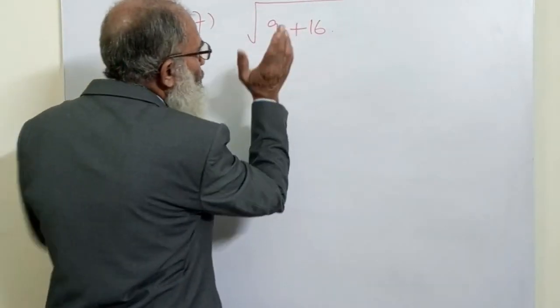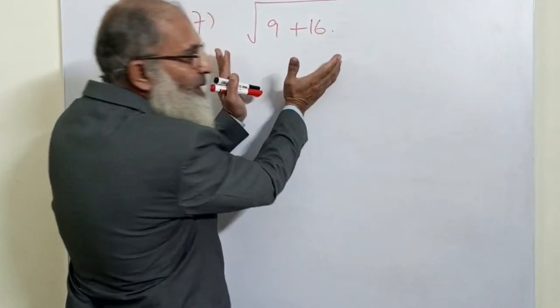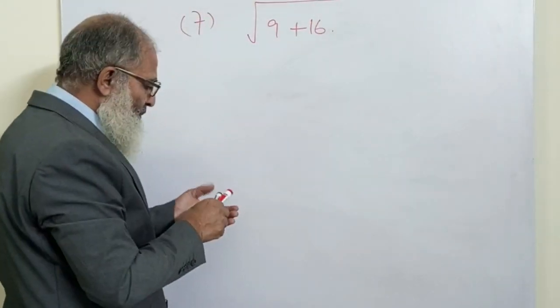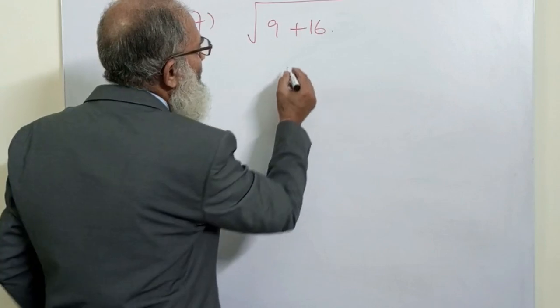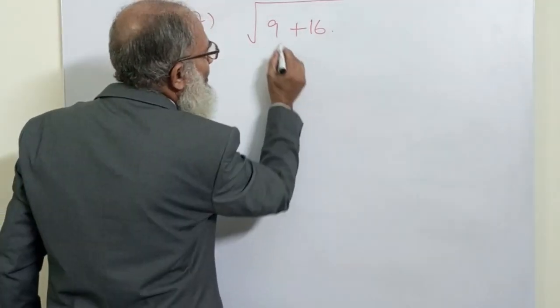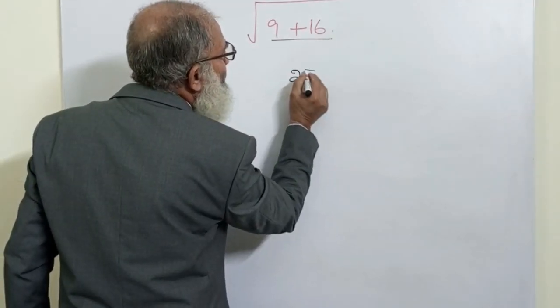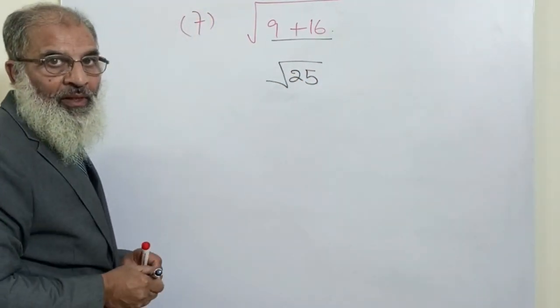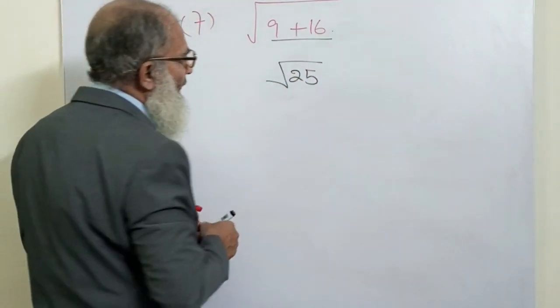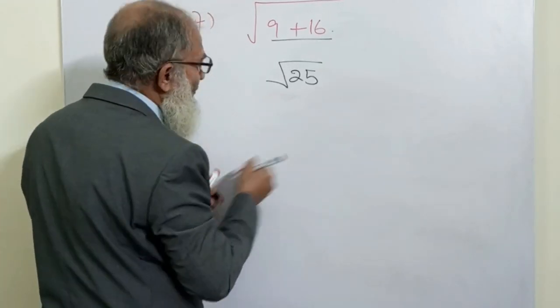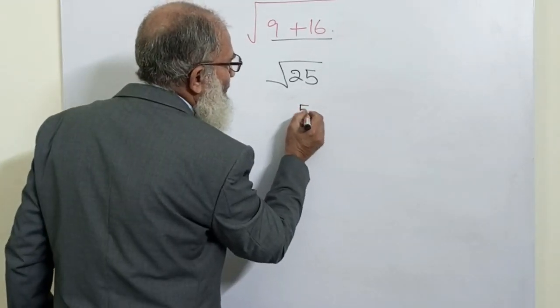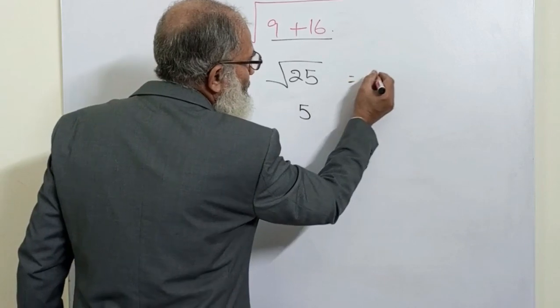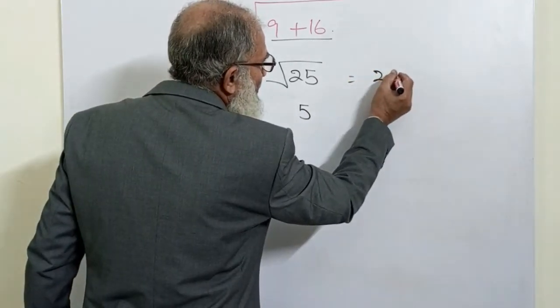So I have to solve what is in between the bracket. What is in between the bracket? So I solve this addition first, and then I proceed and it comes as 25 and it is 5. You know how I did it.